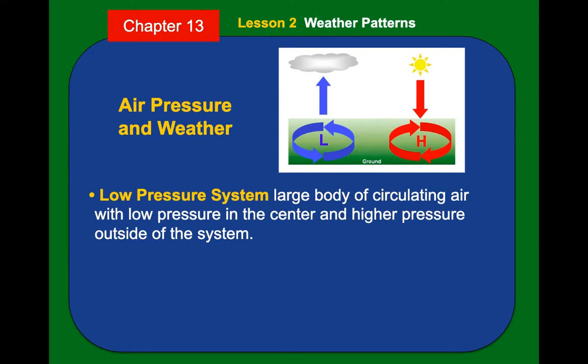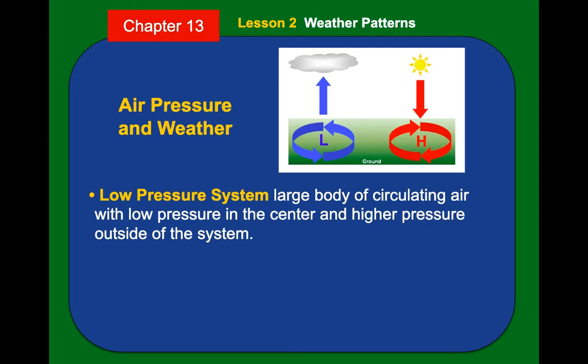So a low pressure system is a large body of circulating air with low pressure in the center and higher pressure on the outside. I think you'll find that as one of the first answers on your lesson outline. Air moves from high pressure to low pressure. We've stated that over and over again in class, that everything moves from a high concentration to a lower concentration in nature.